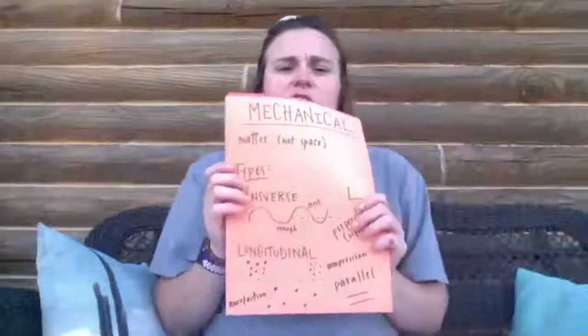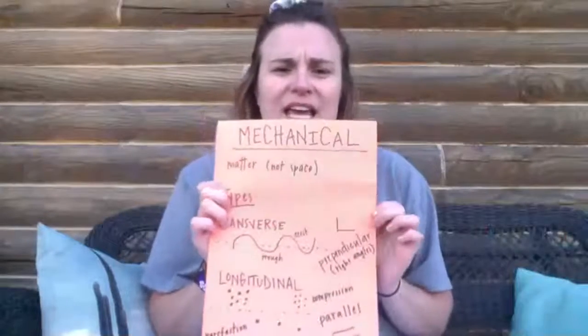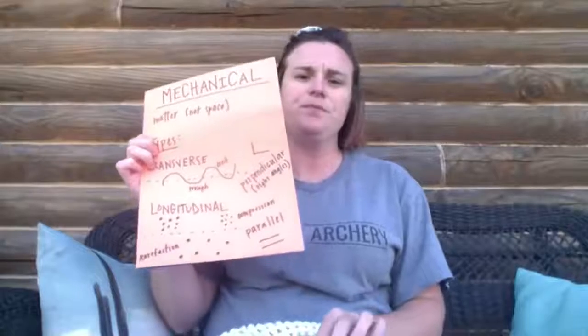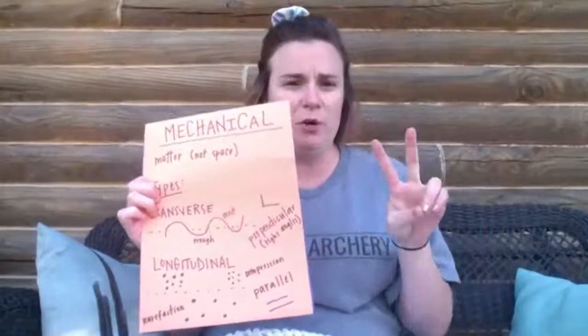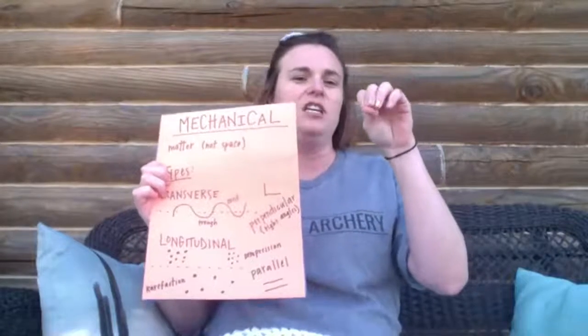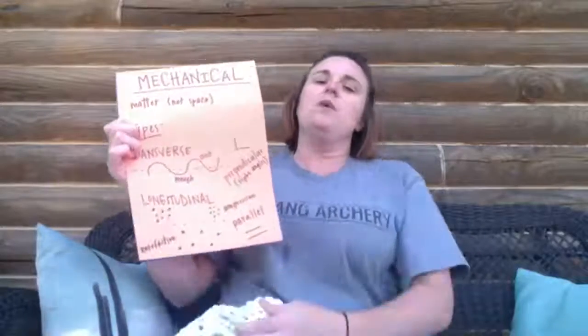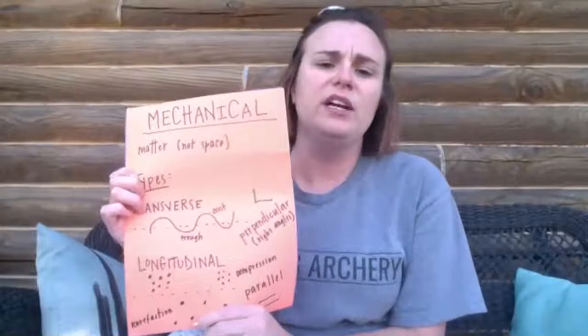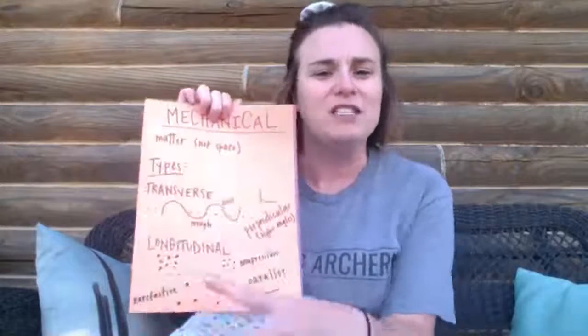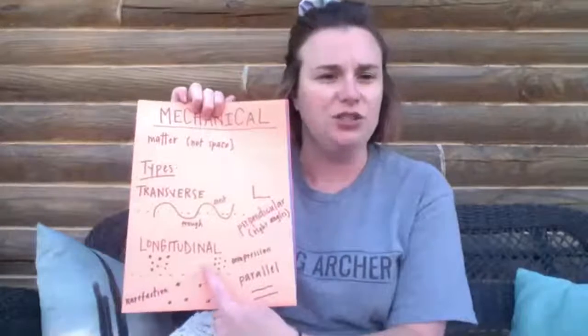Let's move on. You've got one specific type of wave, and those are called mechanical waves. Mechanical waves are broken down into two main parts, and then they're going to have 3 types of those. When we talk about mechanical waves, we are either going to say that they are transverse or they are longitudinal.